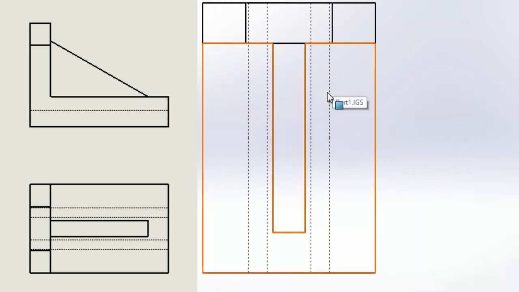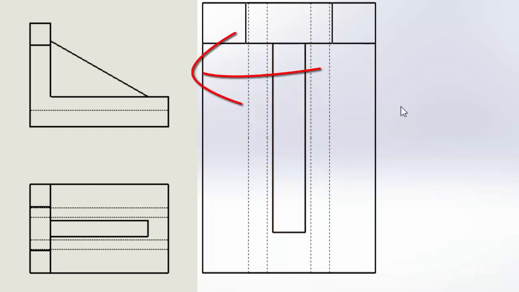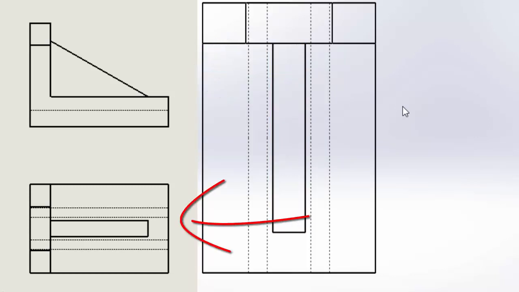This is the slot which is below the solid, that should be shown as a hidden line. And this is the top rib, that should be shown as a thick line. This will be your front view and this will be your top view.